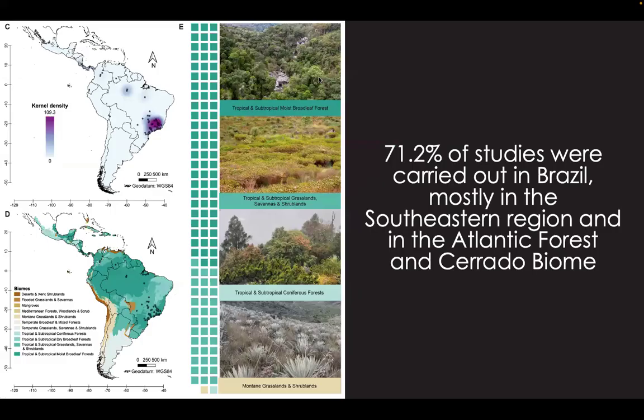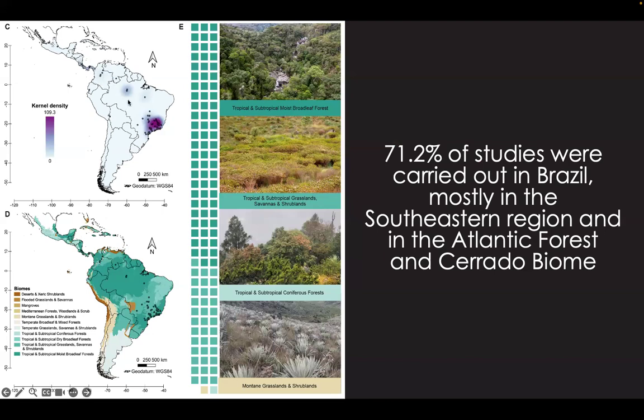And if we try to map where these studies are being carried out, we see that a huge proportion of the studies were carried out in Brazil, especially in the southeastern region of Brazil, in the Atlantic forest and the Cerrado biome. So there is a tremendous geographical gap in the germination ecology of neotropical species, for example in the Andes, where we know there is a huge diversity of Melastomataceae as well.